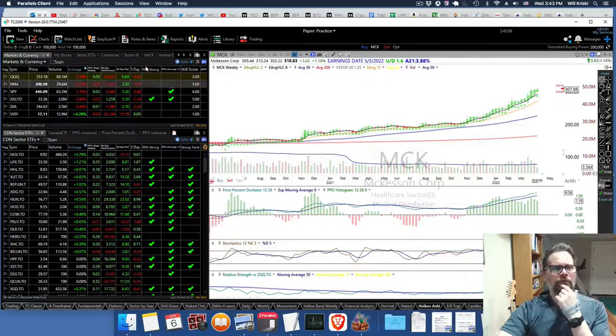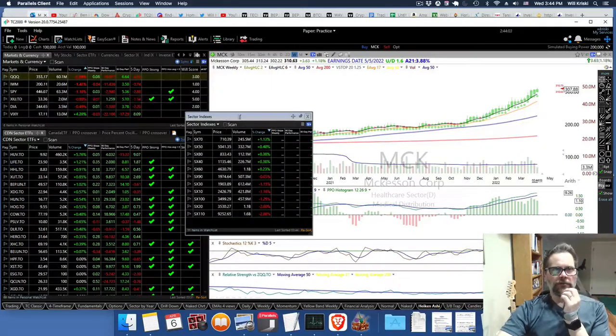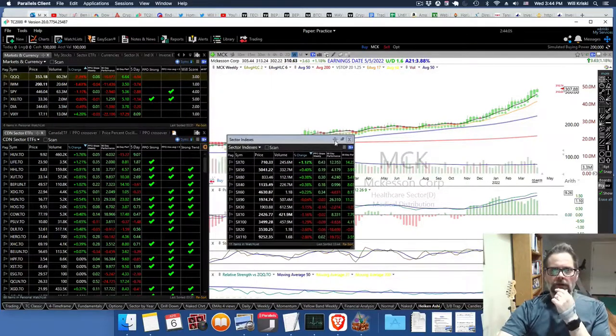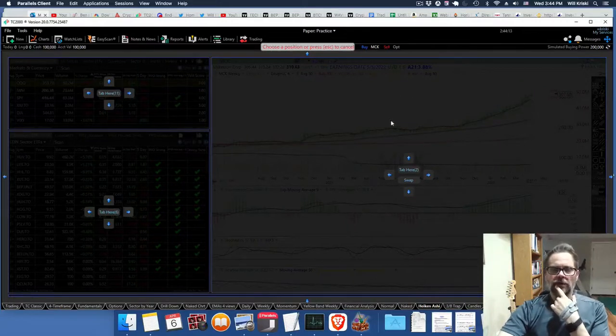So what I wanted to point out was, if you open up a watch list, say a sector watch list, you can click on this move window crosshair here, and then you say move, and it shows you three spots: the chart you're on, or these two windows here.